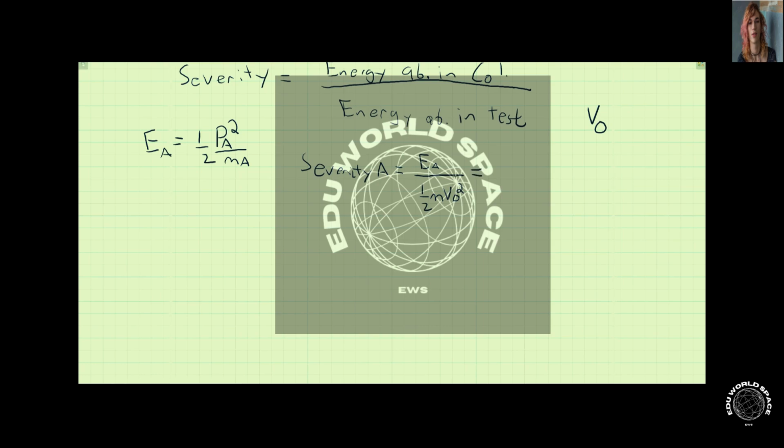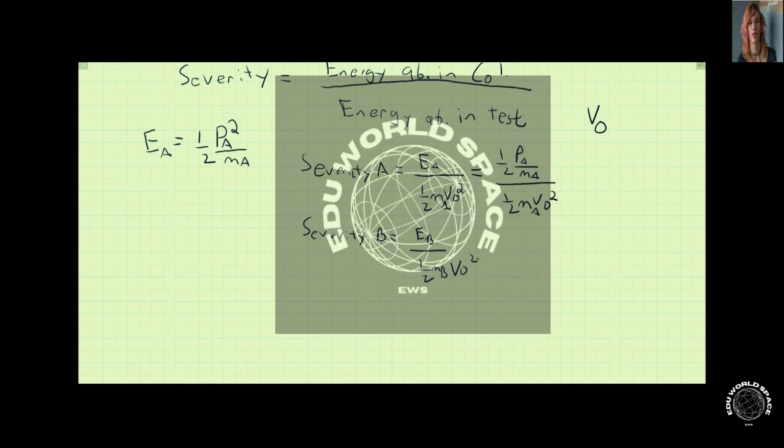So we calculate the severity for car A by using the momentum it had prior to the collision, dividing that by 1/2 the mass of the car, and we get this ratio here, which gives us the definition for the severity of the impact for car A. Very similarly, the severity of the impact for car B is the energy absorbed by car B divided by the same test-case energy. We need to specify the correct masses: this would be mass A for severity A, and mass B for severity B.